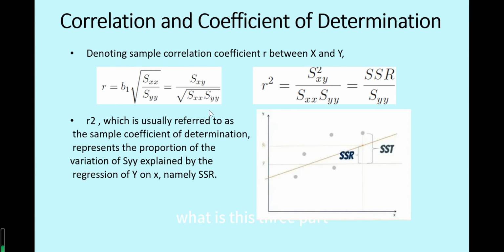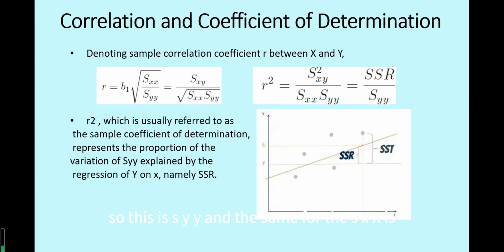What are these three parts? Syy is the sum of squares of the y variable against its mean. Inside the square is each y minus the y mean value, the average of y over all the sample. Then take the square for all the observations.